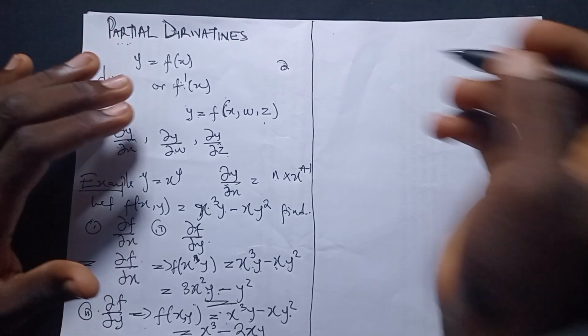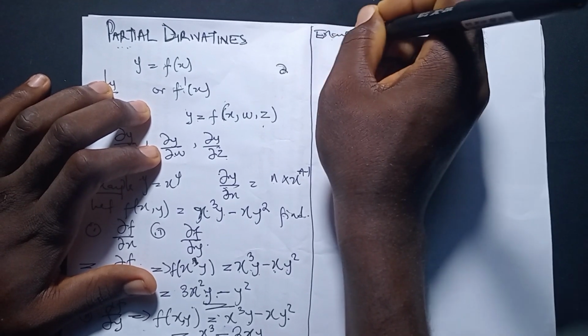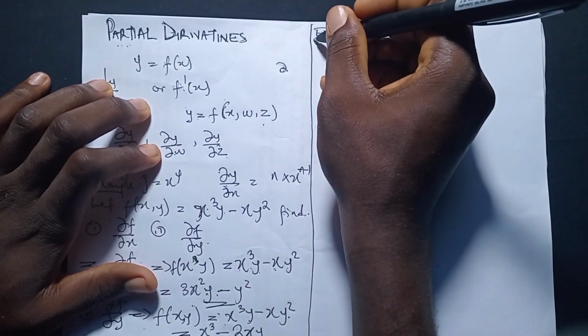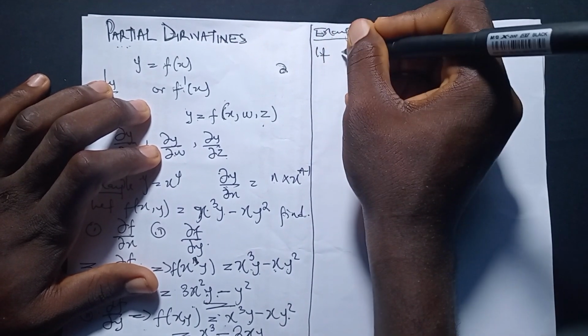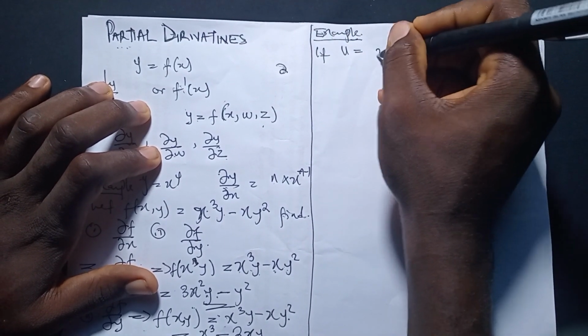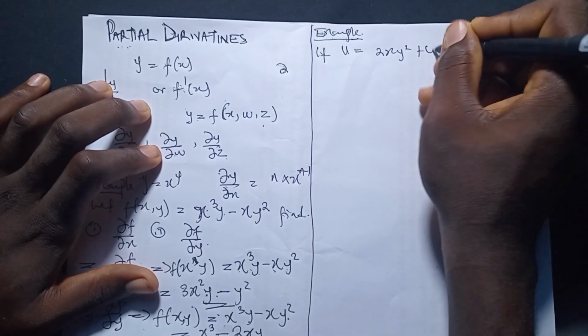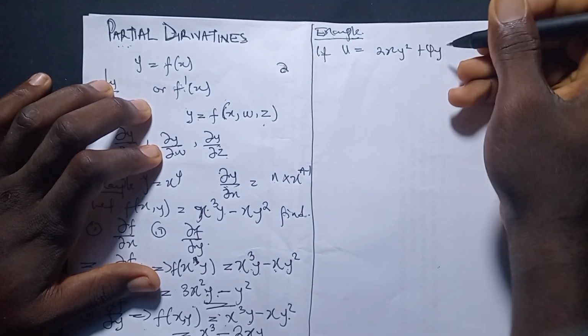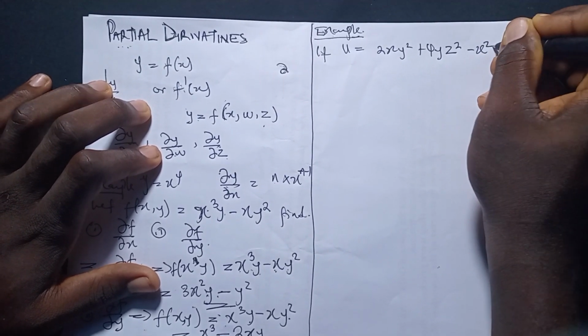Okay, now let's take another example. Say if u is equal to 2xy squared plus 4yz squared minus x squared.